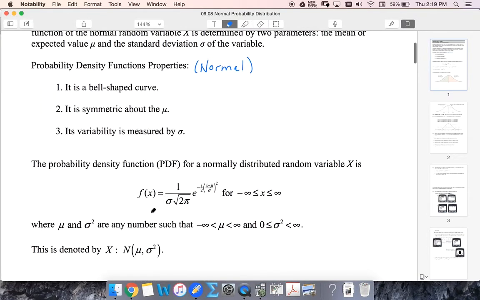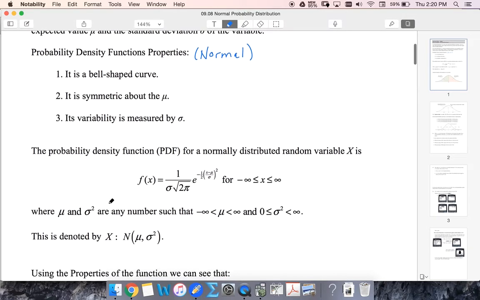Okay, this is the formula for the normal distribution. You don't need to know this formula, you don't need to memorize it. In fact, we hardly ever use it. But those of you who are maybe already thinking about internal assessments for your 11th grade, this can be a very interesting formula to look at and how it's developed, etc.